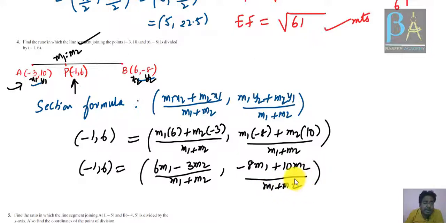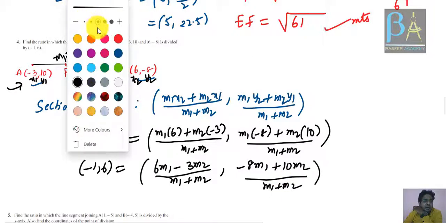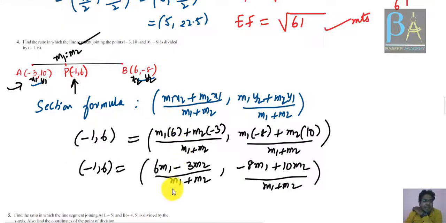Now I want to find out the ratio m1 is to m2. How am I going to find out the ratio m1 is to m2? You can equate the x coordinates, or you can equate the y coordinates. It is your personal choice. Let us say I equate the x coordinates.